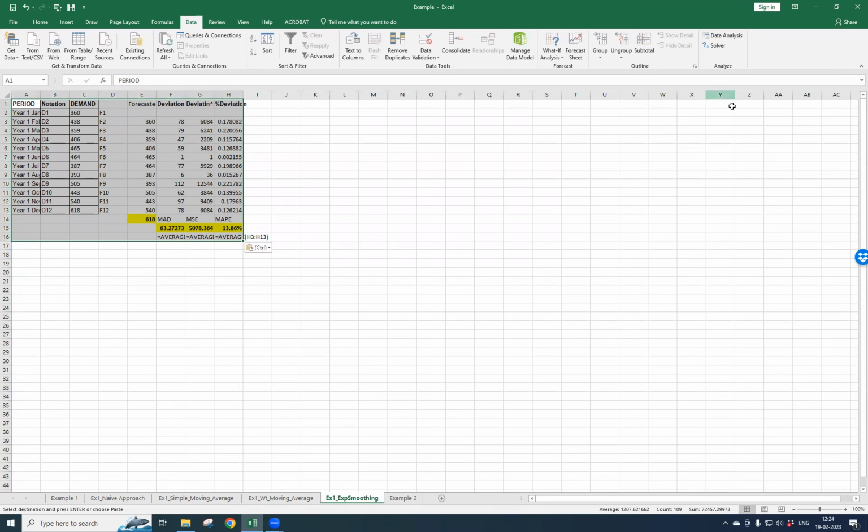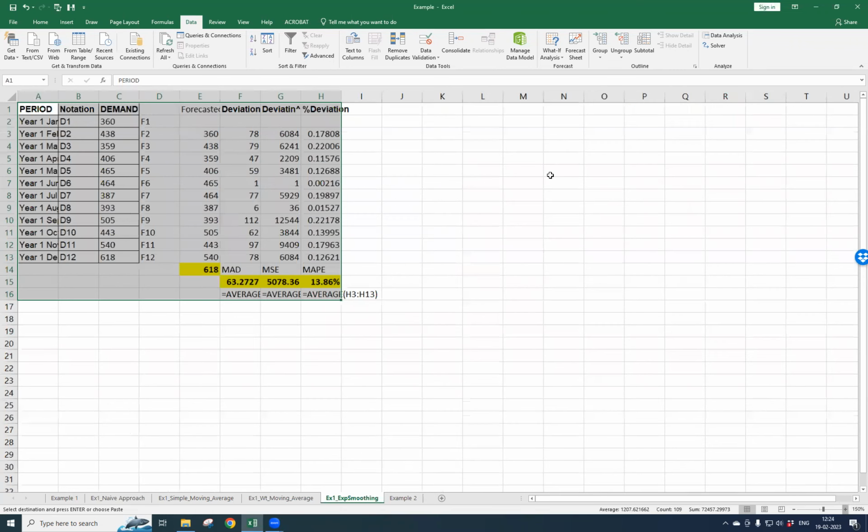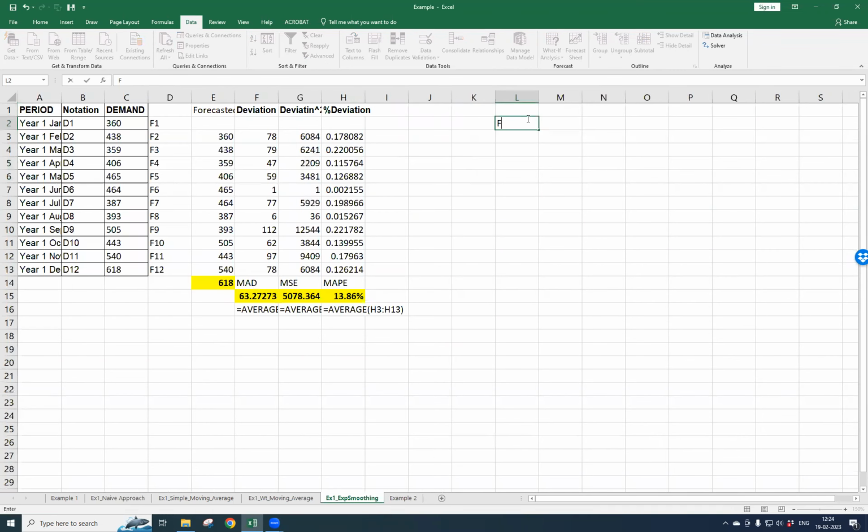Now, as we know in exponential smoothing, the formula for F(t+1) is equal to alpha multiplied by D(t) plus (1 minus alpha) times F(t), alpha being our smoothing constant. So this is a very recursive formula.